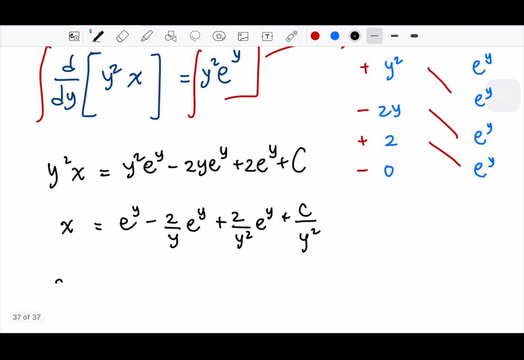Or if you want, because it has e to the y, we can write 1 minus 2 over y plus 2 over y squared, and then plus c over y squared. Both are okay. If you want to stop here, it's fine. If you want to make it cleaner, that's also fine.